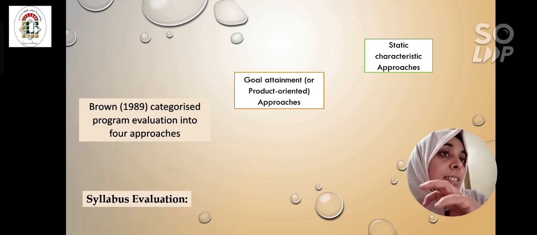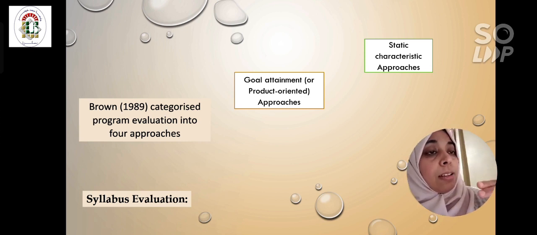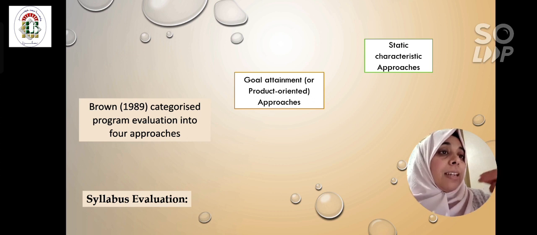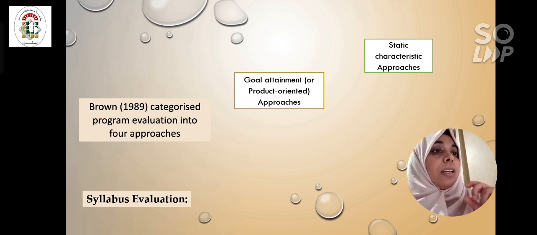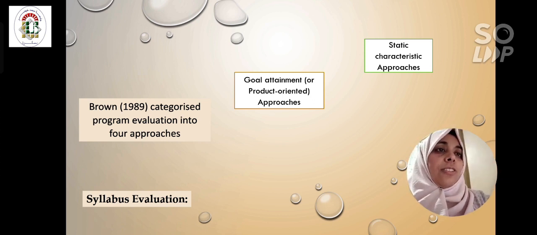So when I say static characteristic approach, meaning the effectiveness of the program, is it the same for each year with different groups, or does it need modifications?